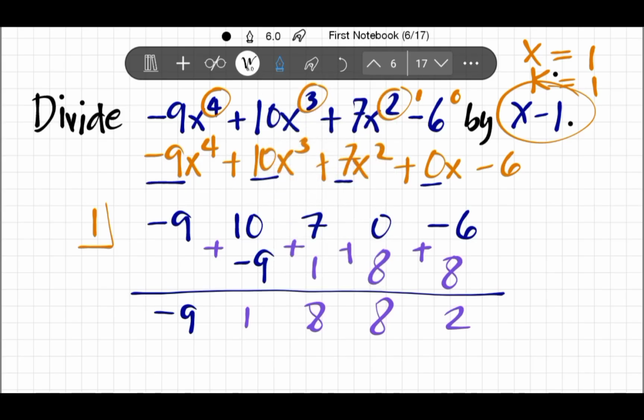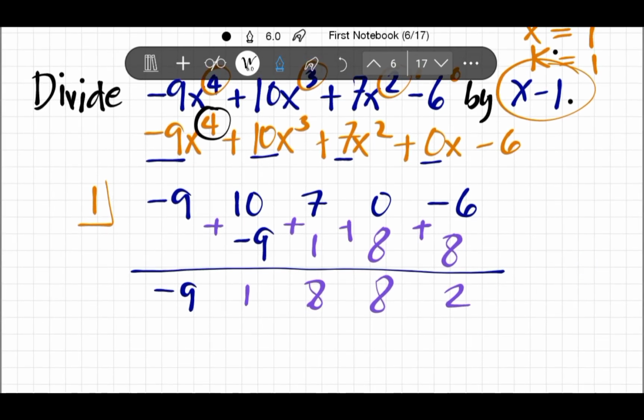So since the given dividend starts with a power of 4, the quotient will start with a power of 3. So it will look at negative 9x cubed plus 1 x squared. You don't need to put 1 beside x squared.